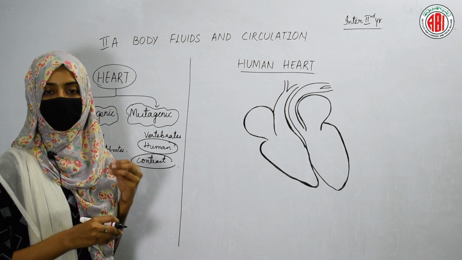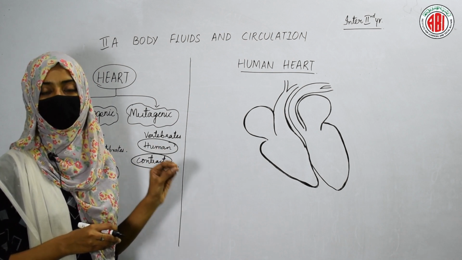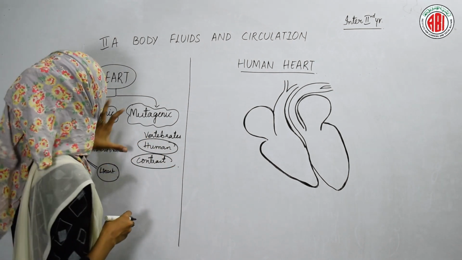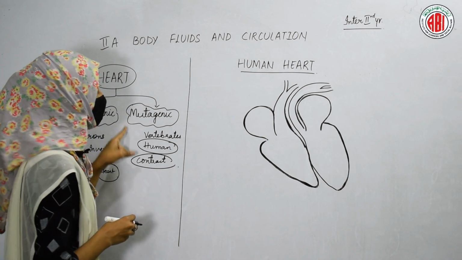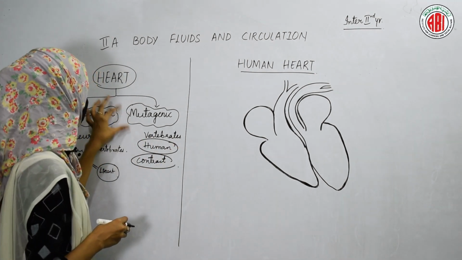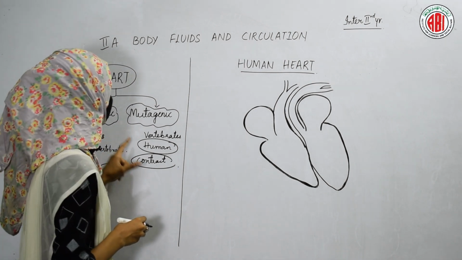Some specialized muscles are also present in our heart that we are going to discuss later. Because of this, the other muscles can contract, and due to the contraction of muscles, the initiation of a heartbeat can be seen in case of myogenic heart. So myogenic heart is the heart present in human beings.